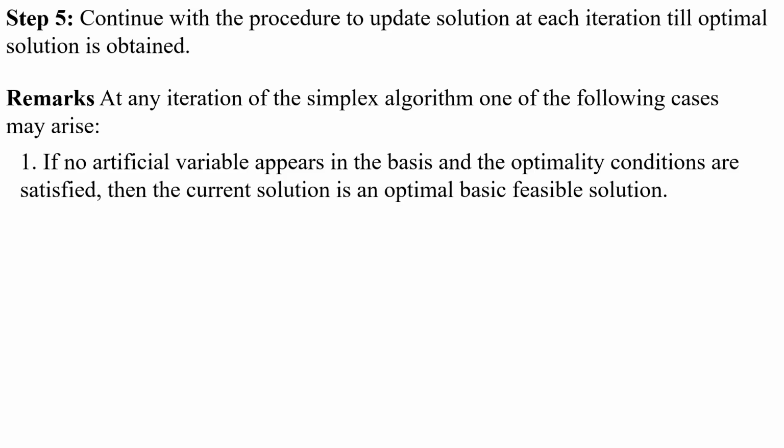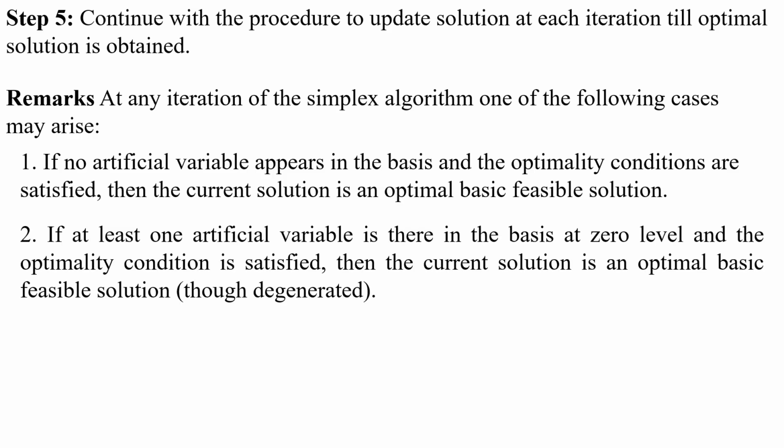If all the zj minus cj are greater than or equal to 0 and there is no artificial variable in the basis, that solution we call the optimal solution.